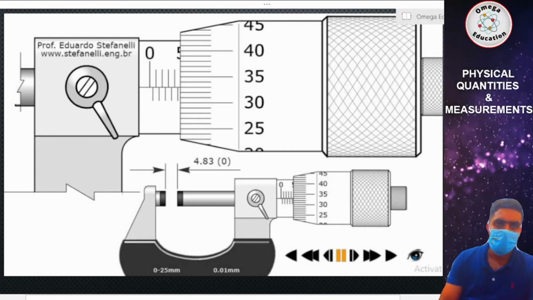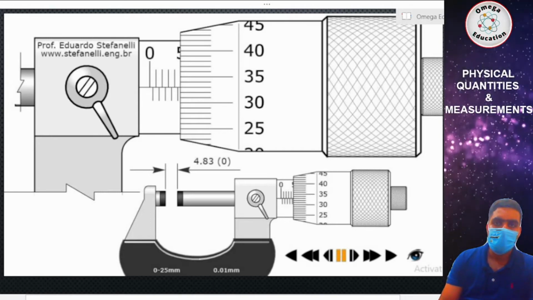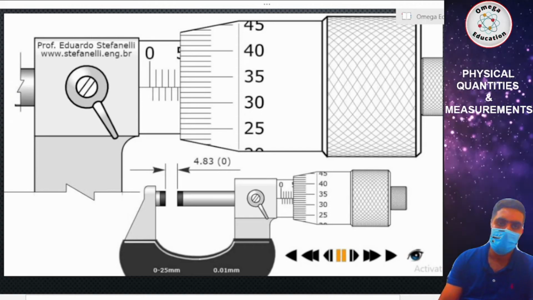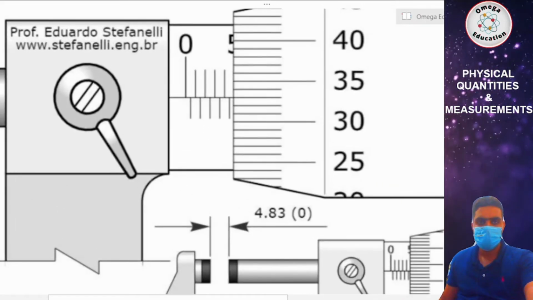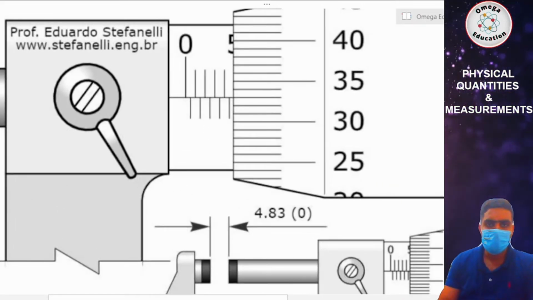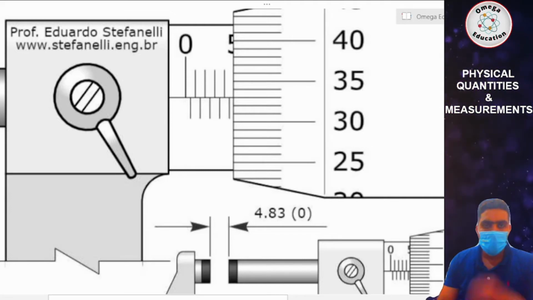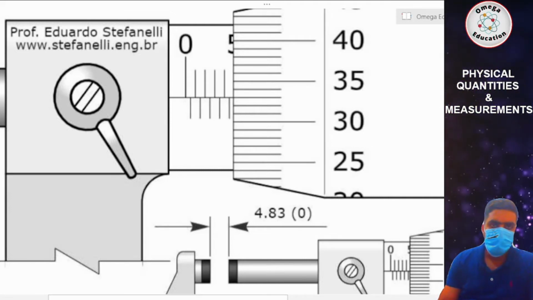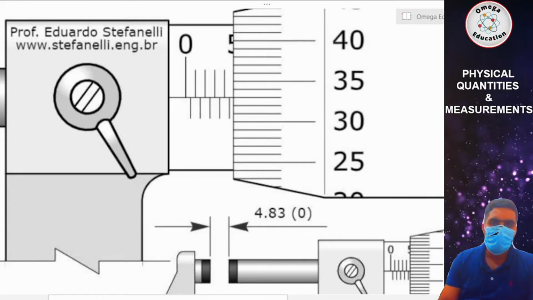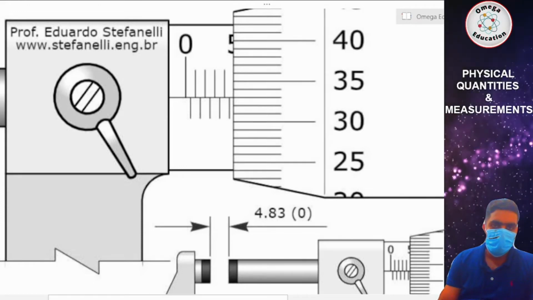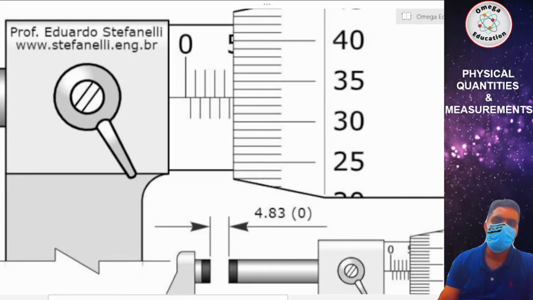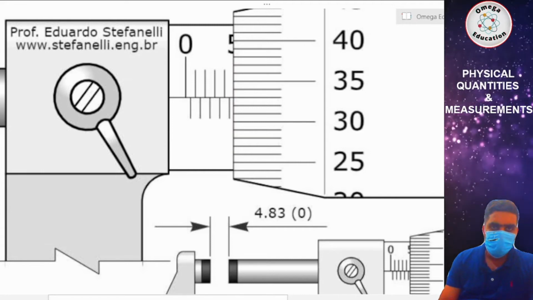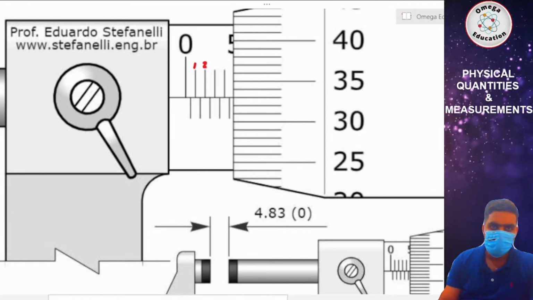The first step that I told you was to find the reading from the main scale. So we zoom in and try to find out how many lines of the main scale have been covered till the circular scale. So this one is 0, this is 1, this is 2, this is 3, this is 4.